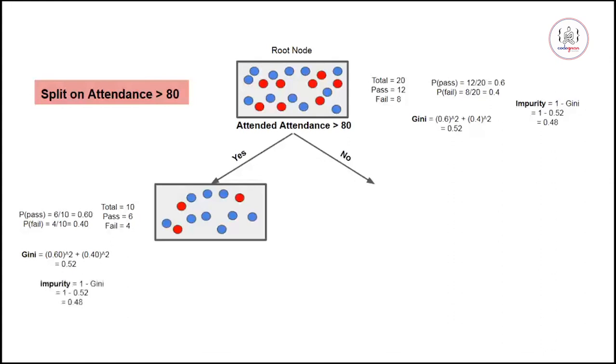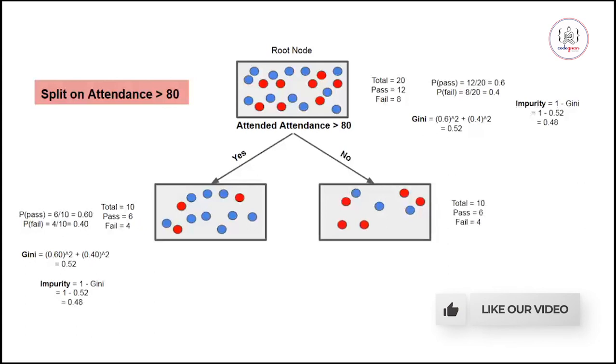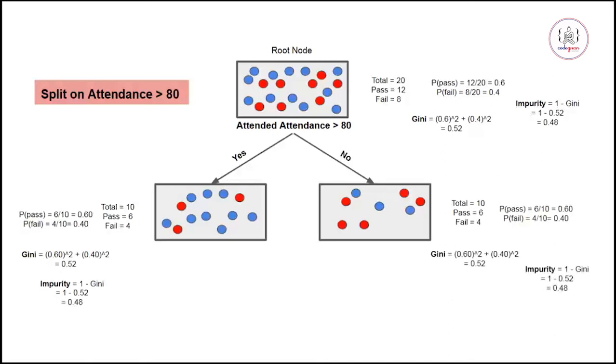Similarly, for your right subnode after splitting, you have a total of 10 data points, with pass equal to 6 and fail equal to 4. Then you calculate the Gini, which comes out to be 0.52, and your impurity is 0.48.